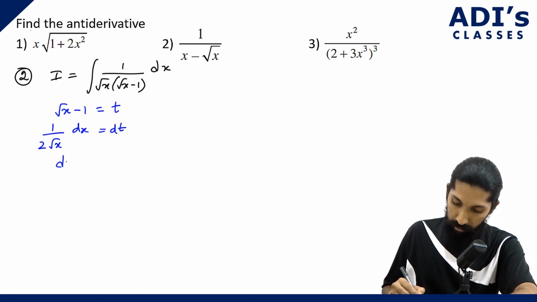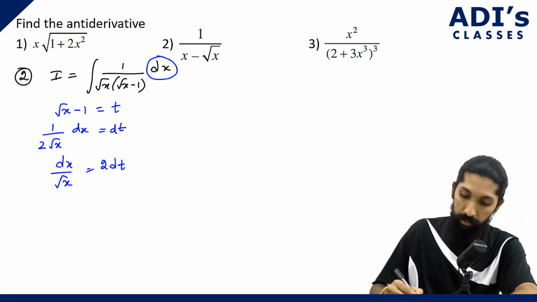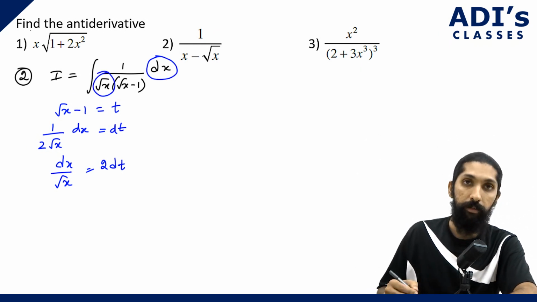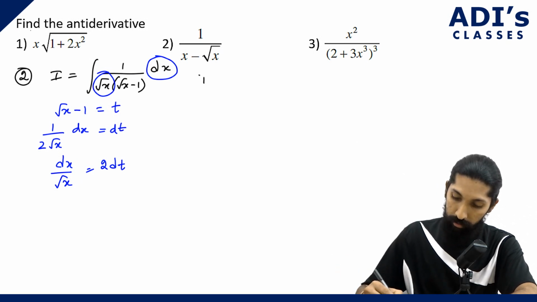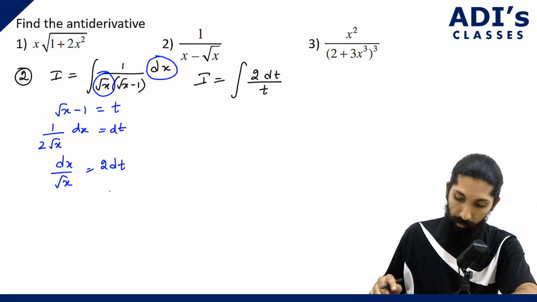So dx divided by root x is equal to 2 times dt. So dx divided by root x is 2 times dt, right? So you're going to have I is equal to integral 2 dt divided by t, correct?